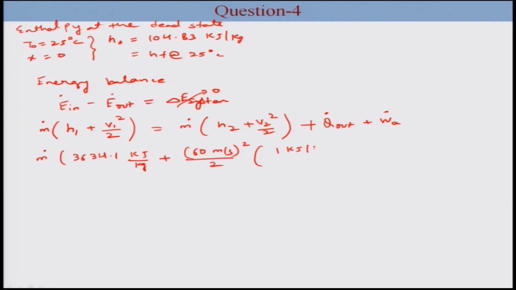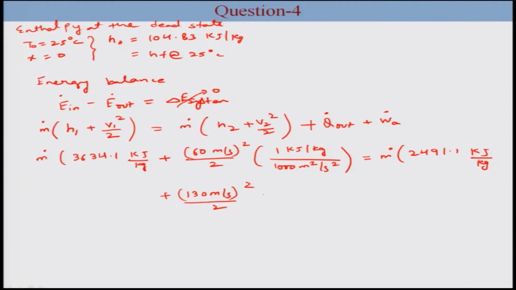Converting the units, this is equal to m dot times h2, which is 2491.1 kilojoule per kg, plus 130 meter per second, which is the velocity at the exit, divided by 2.